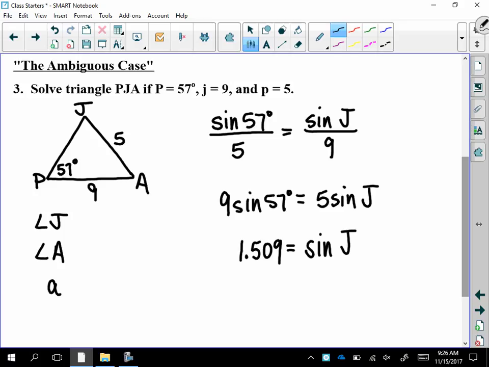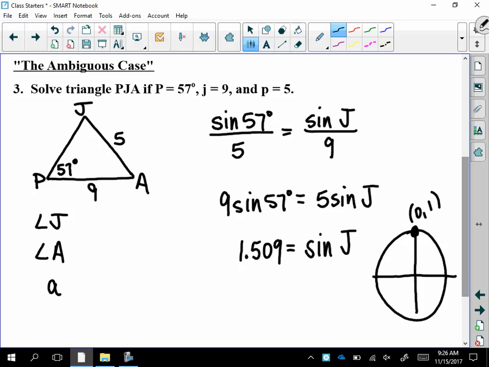In other words, find the angle on the unit circle where the y-coordinate is 1.509. But on the unit circle, the biggest y-coordinate we have is 1. So we can never have a sine value or a cosine value that's bigger than 1 or less than -1. It's not possible, and so that means we can't find the angle.